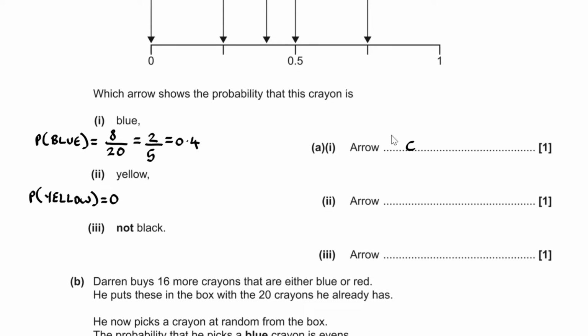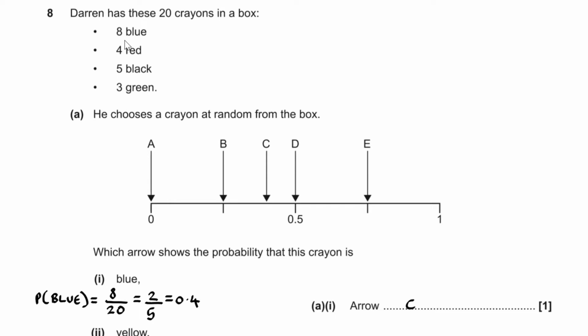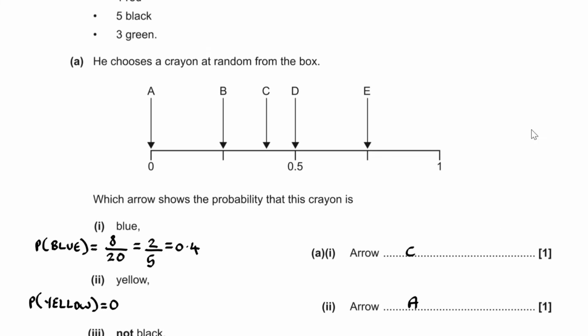We have a probability of 0, and that would correspond to arrow A. And then looking at the probability that we don't have a black, well, there's 20 counters in total, and of those which are not black, we have 8 plus 4 plus 3, which are not black, and therefore this will simplify to 15 over 20, which is the same as 3/4, of course, equivalent to 0.75, which corresponds to arrow A.